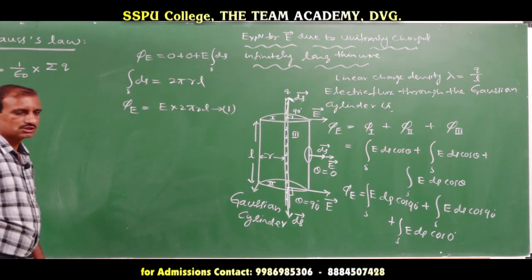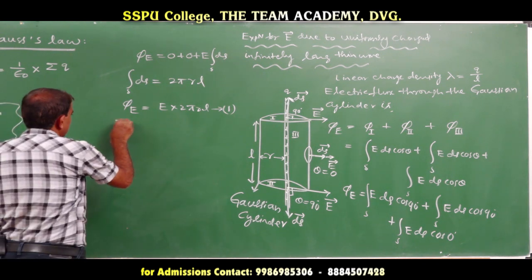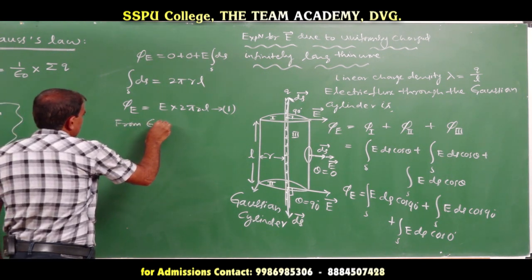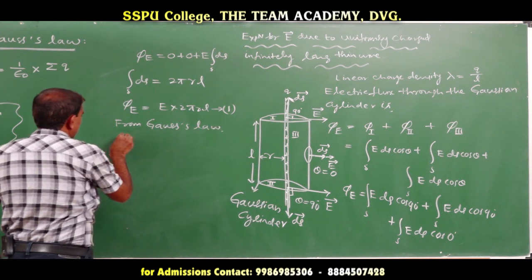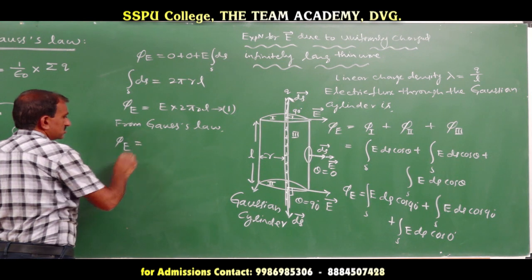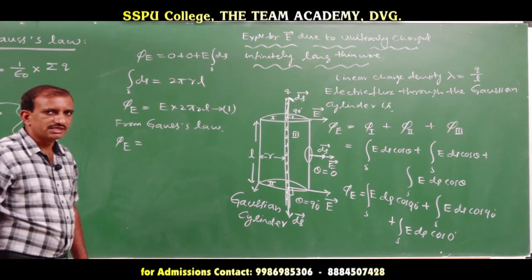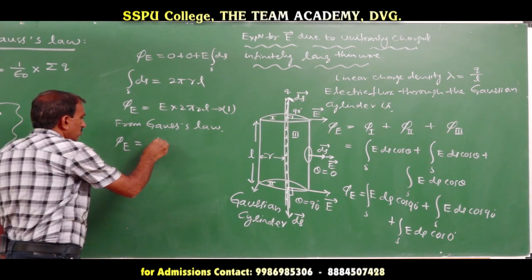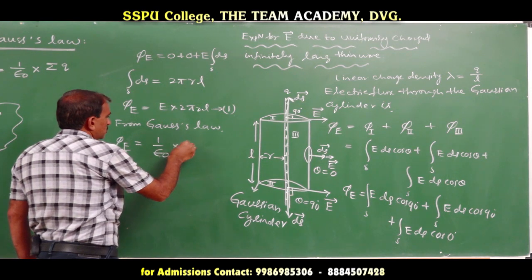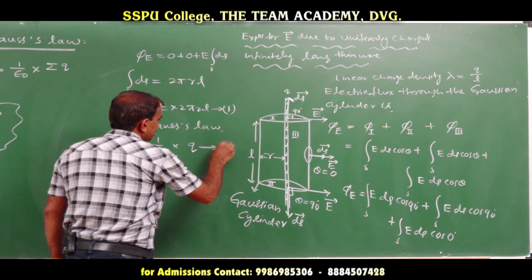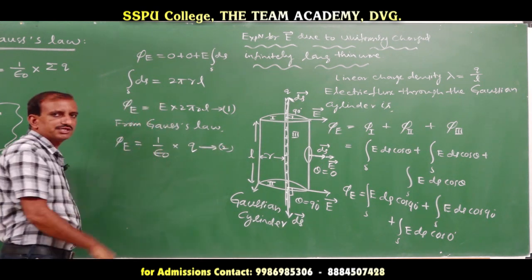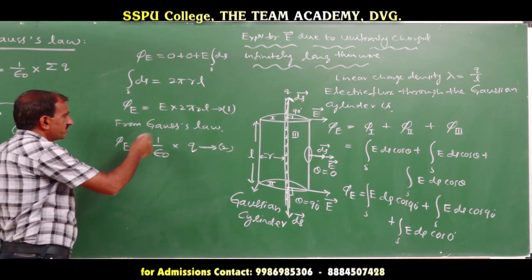From Gauss law, the total normal electric flux through a closed surface is equal to 1 over epsilon naught times the total charge enclosed by the surface. Call this equation number 2. From equations 1 and 2, we can equate these two.